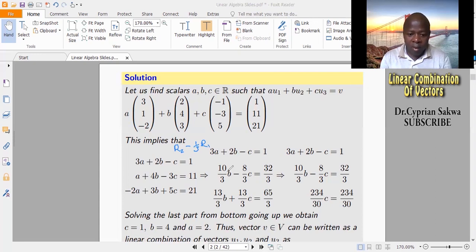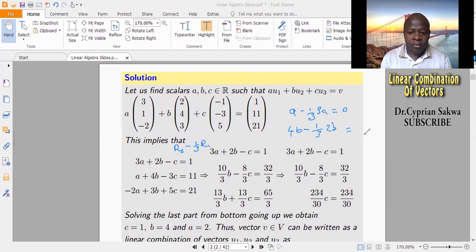So let's just see how I obtain this. In row 2, I have A. So A minus a third of 3A gives me 0. That is why you can say I have a 0A here. Then I would have 4B minus a third of 2B. A third of 2B.